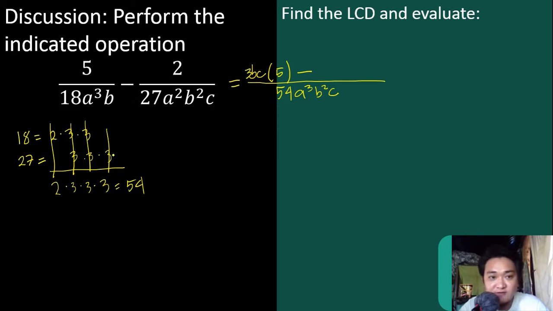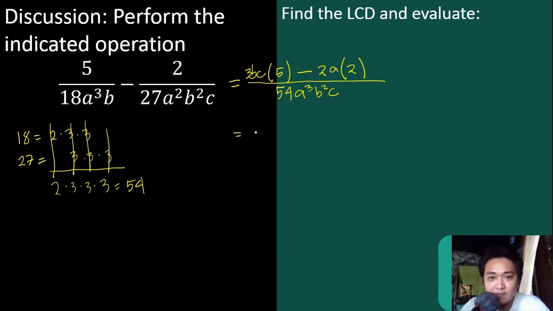If this is 54, 54 divided by 27, what is left is 2. So you have 2. Now A cubed divided by A squared is A. B squared divided by B squared is 1, and C divided by C is 1 times 2.